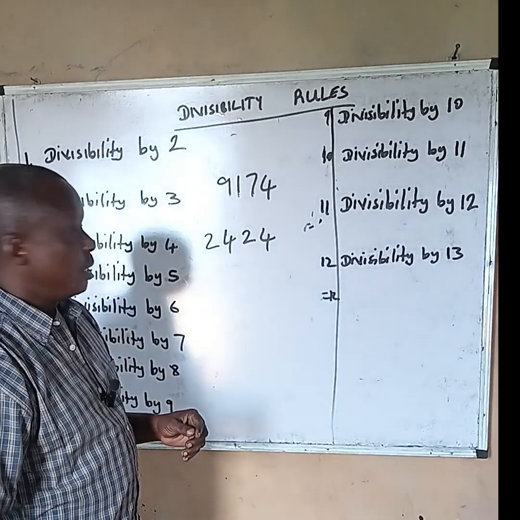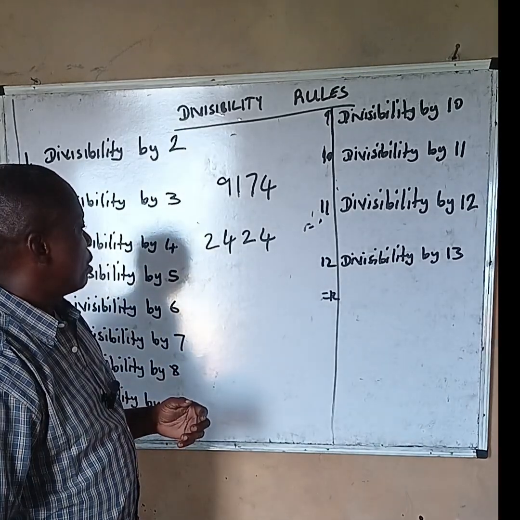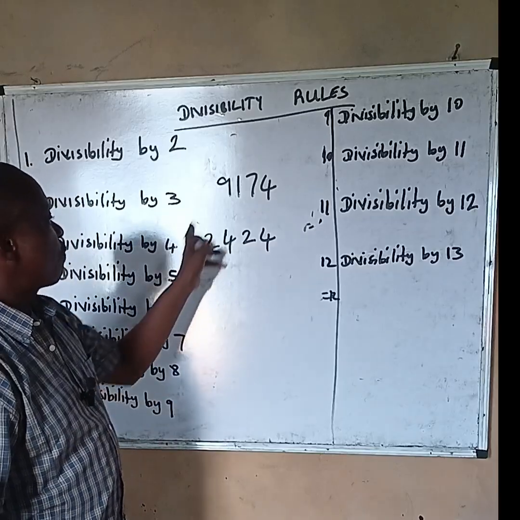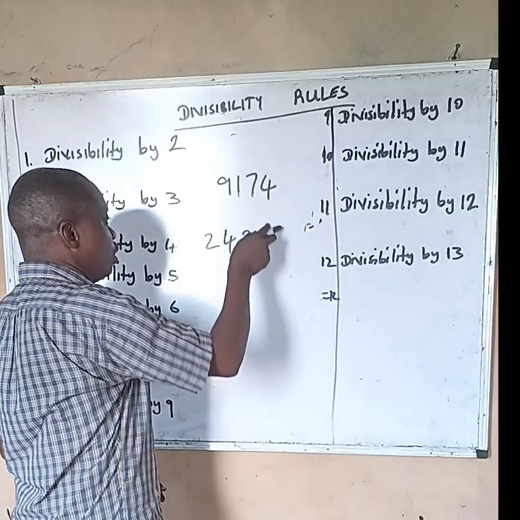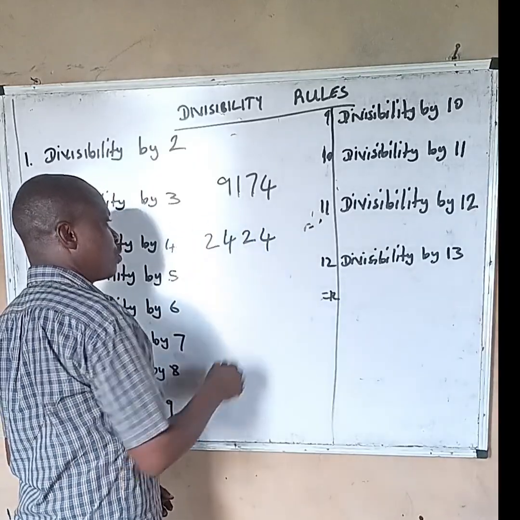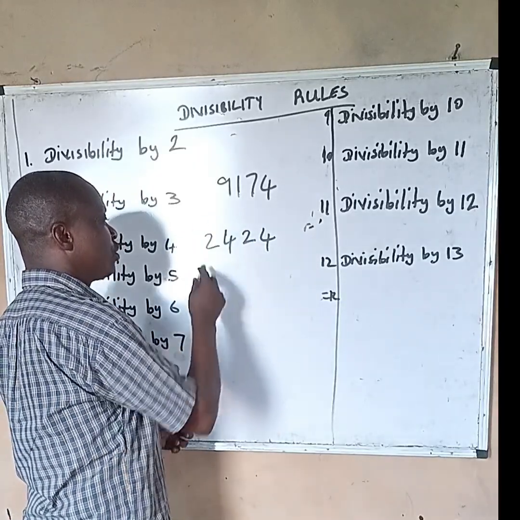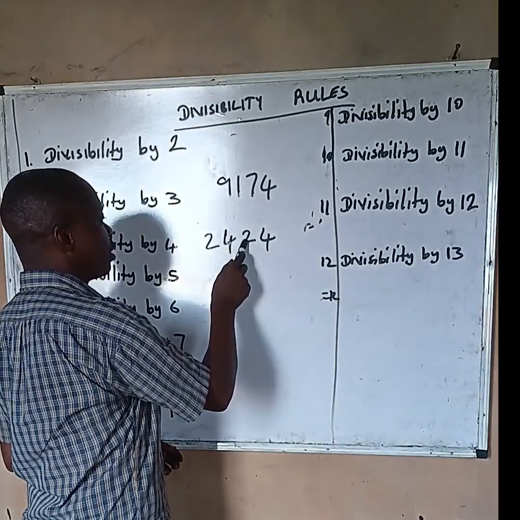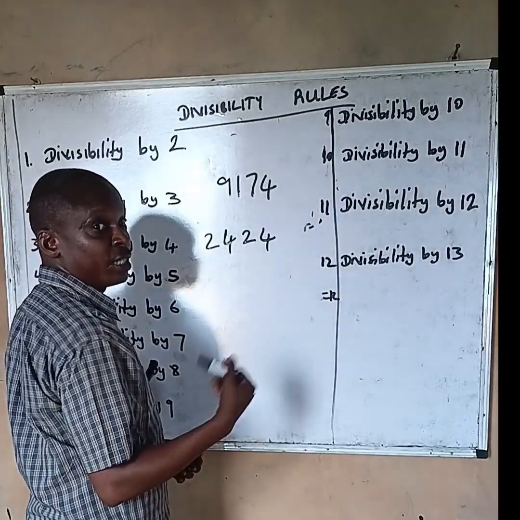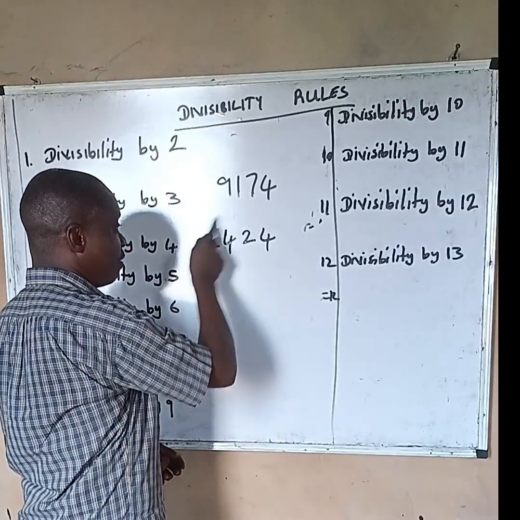How do you know whether 12 can divide this number? I will say, check if 3 can divide and 4 can also divide. Remember, 3 can divide if the sum is divisible by 3. 2 plus 4 is 6, 6 plus 2 is 8, 8 plus 4 is 12, and 3 can divide 12. Means 3 can divide this number.